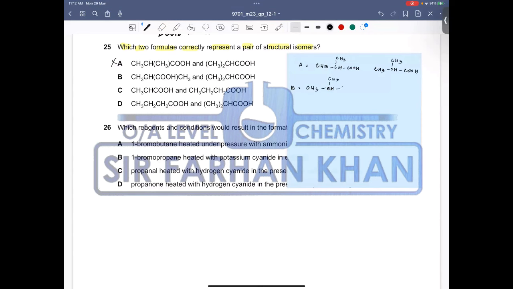CH3, COOH. As long as this group is attached to this carbon, it doesn't make any difference if you write it here or here. So this is CH3, CH, CH3, COOH. Again, both the structures are the same. Again, incorrect. Option C.